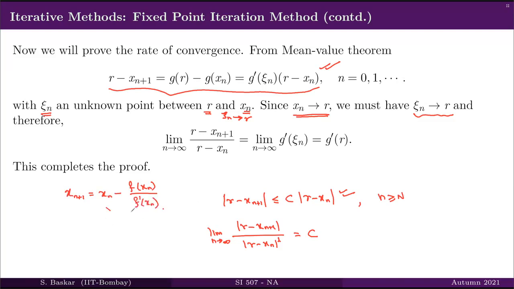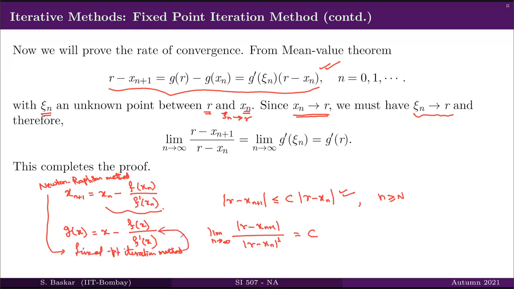You can always write g of x as x minus f of x divided by f dash of x, and view this Newton-Raphson method as a particular case of the fixed point iteration method, right? With the iteration function as g of x given by this expression.